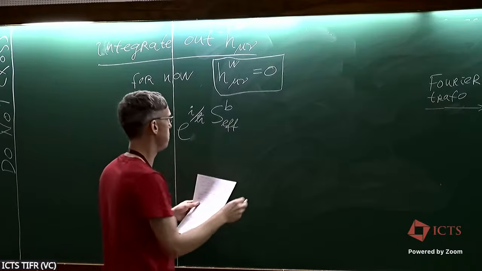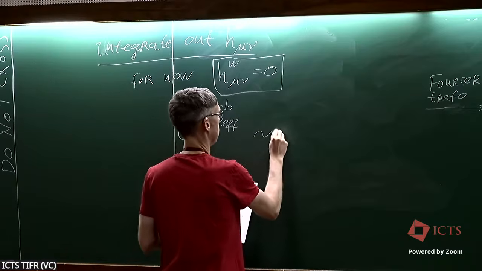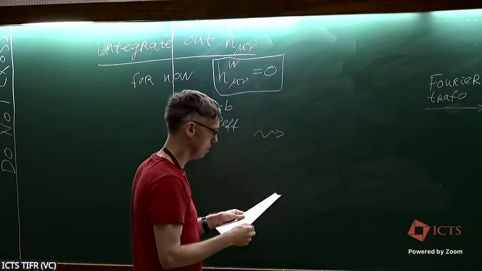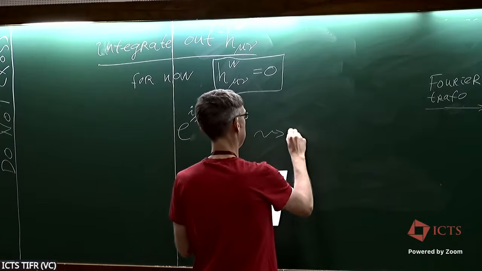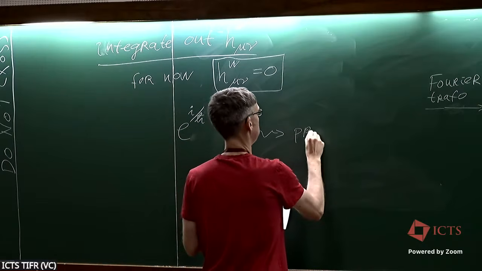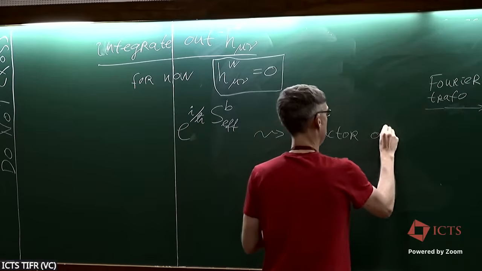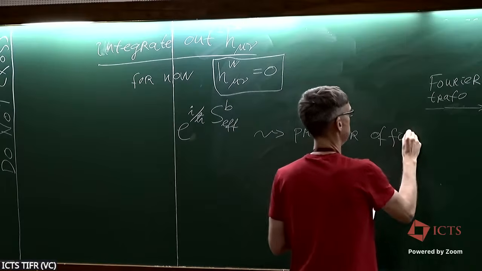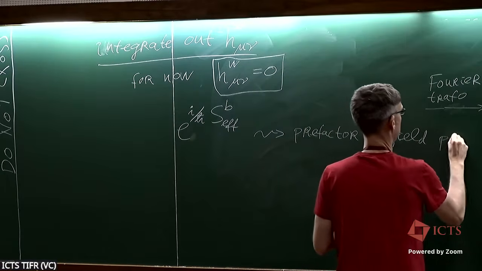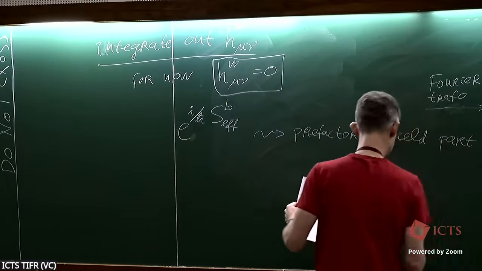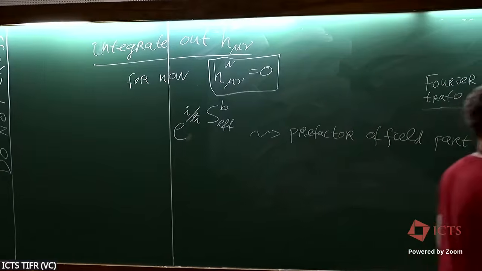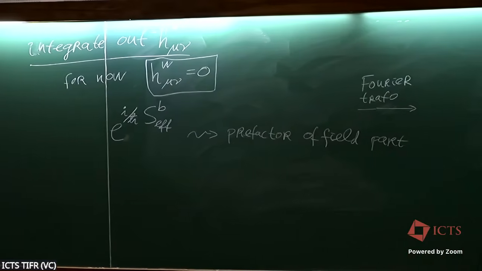And if we do so, and we look at the gravitational piece of the action, we see that the prefactor of the field part, so that's basically the Einstein-Hilbert action.